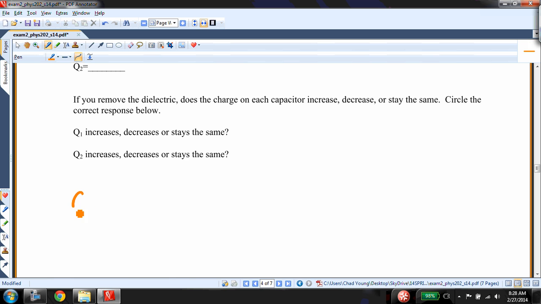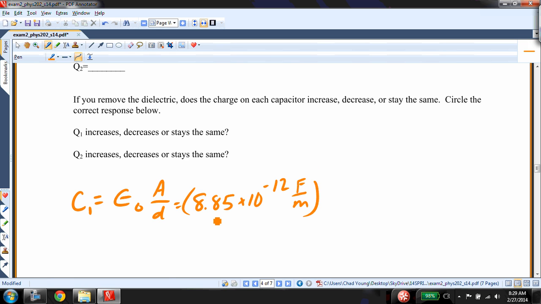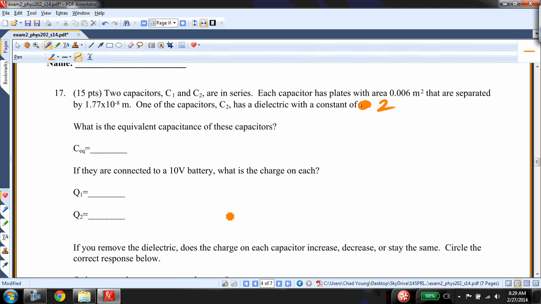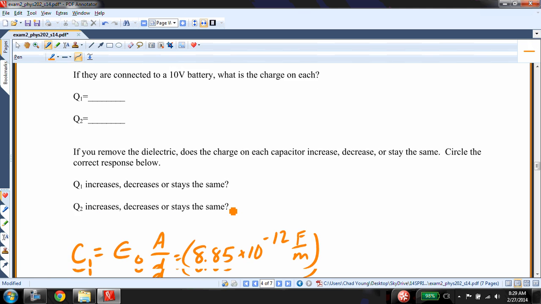So first, I just want to calculate what is C without the dielectric. That would be C1, epsilon naught A over d. 0.85 times 10 to the minus 12, what's that? Farads per meter. Times the area, which is 0.006.